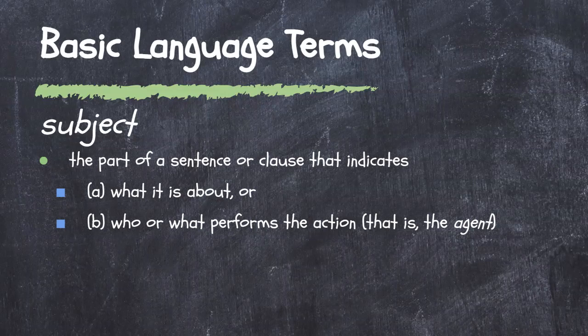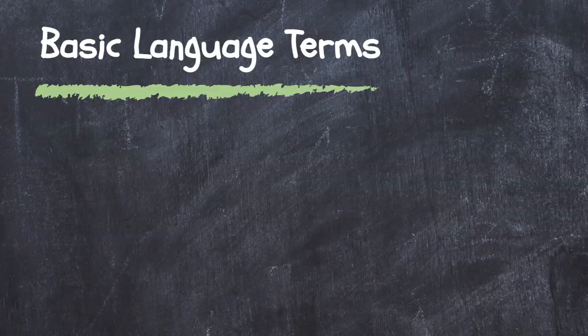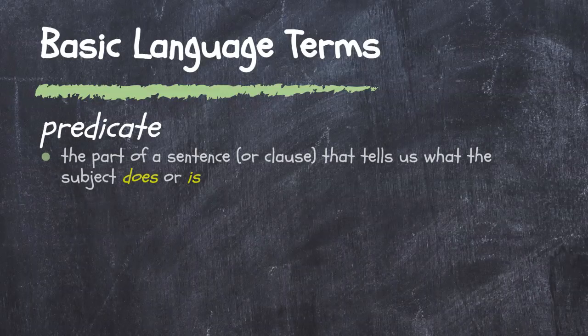I also am using the word clause here. A clause is basically like a sentence. We'll get to that in a bit, what the difference is between a sentence and a clause. Every sentence, to be a complete sentence, must also have a predicate, part of the sentence that tells us what the subject is doing, or what the subject is. It might just be a state rather than an action.